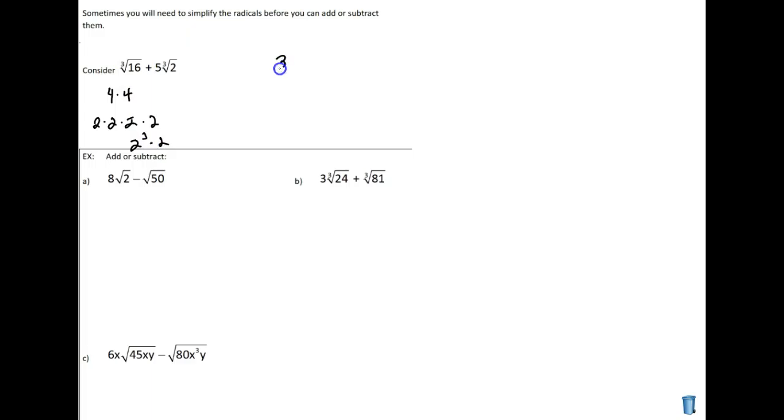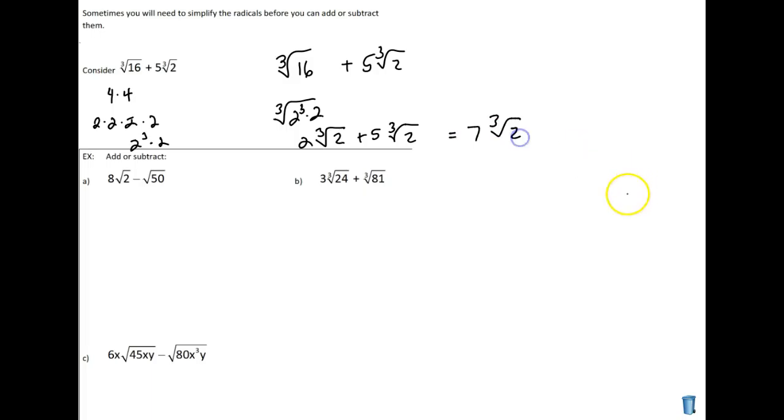So if I think of the cube root of 16 as the cube root of 2 to the third times 2, then I can think of this as 2 cube roots of 2. And then I'm adding to that 5 cube roots of 2. So my total answer here would be 7 cube roots of 2. Okay? So they have to be like radicals, and that's what you're trying to get to.